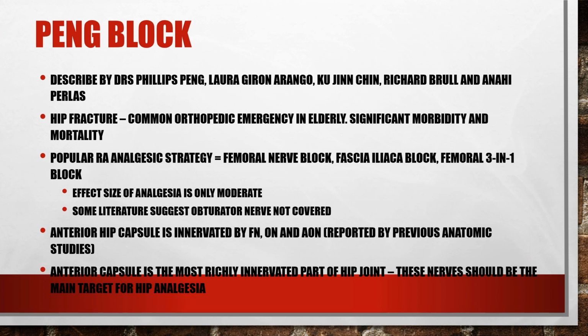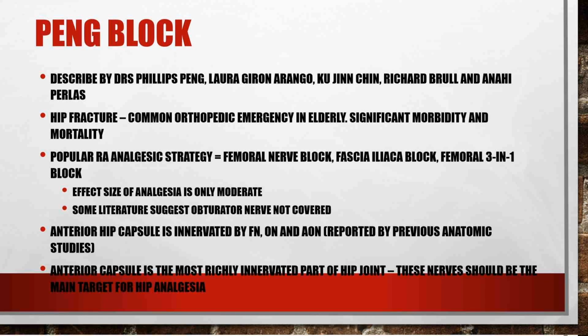So they said the anterior hip capsule is innervated mainly by the femoral nerve, obturator nerve, and accessory obturator nerve. This anterior capsule is the most richly innervated part of the hip joint, so these nerves should be the main target for hip analgesia.